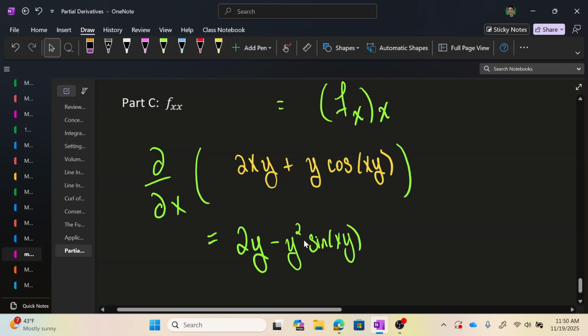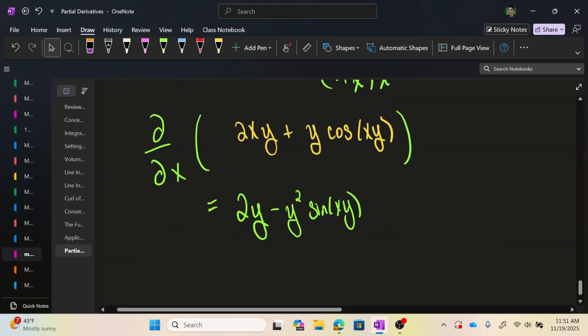That's the derivative of the outer function. And then the derivative of the inner function with respect to x is what's causing another copy of y to pop out to the outside. So this would be the second derivative of f in the x direction, f sub xx. Take the derivative with respect to x twice.